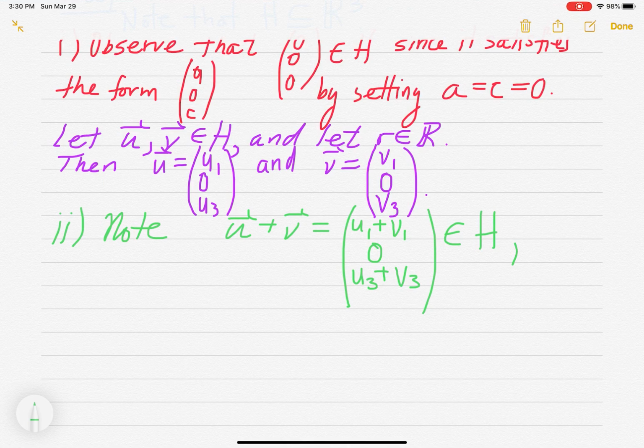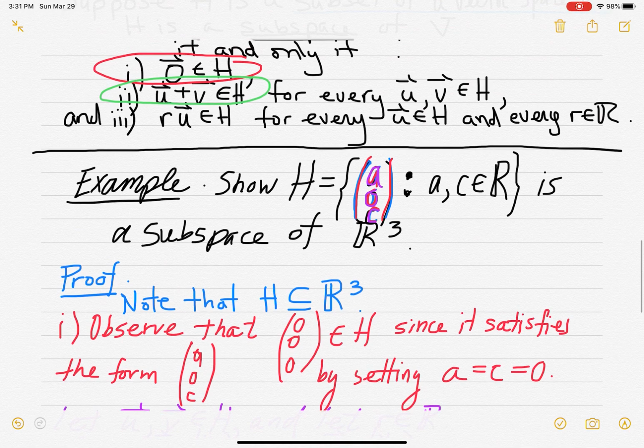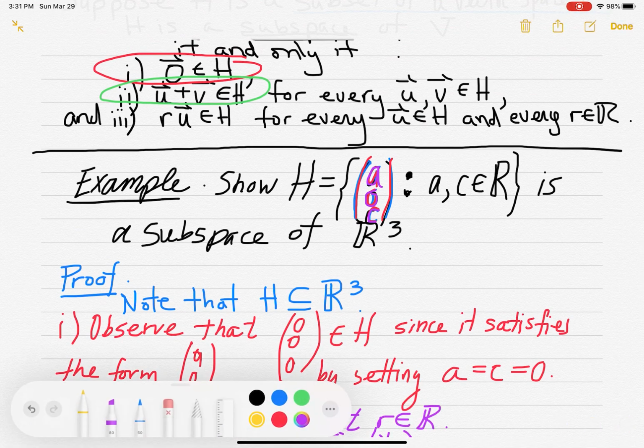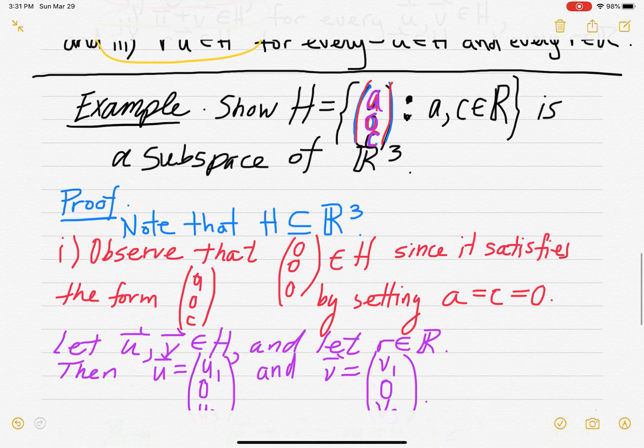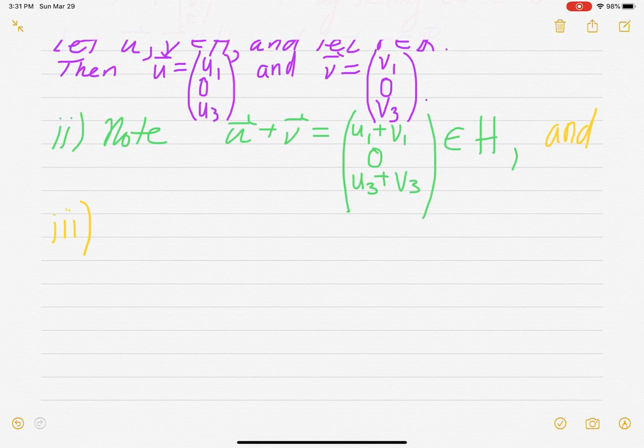And let's do the final step. Step 3, what do we have to do for step 3? You have to just show that if I take a scalar and multiply it by any vector U, the resultant vector ends up in H. So here, I'm going to take R times an arbitrary vector U, and that's going to be what?